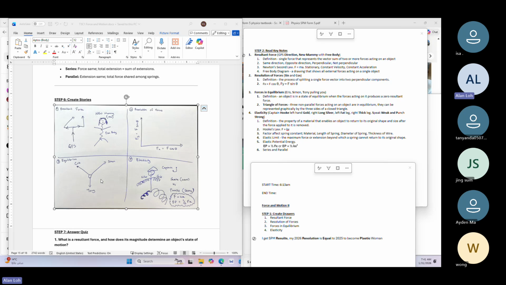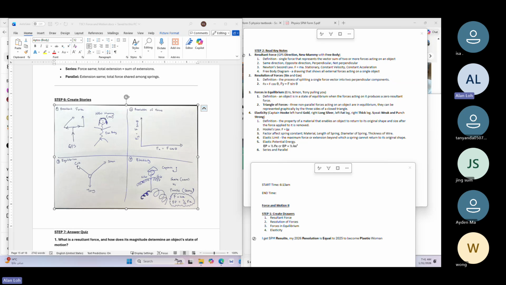So this is equilibrium. For singles, you can imagine you have 3 boyfriends, Chris, Simon, and Tony, and they are pulling you in 3 directions. They want you to go with them to the place that they want you to go. For the boys, you can think of it, you have 3 girlfriends, but obviously the name doesn't suit. It's not appropriate.